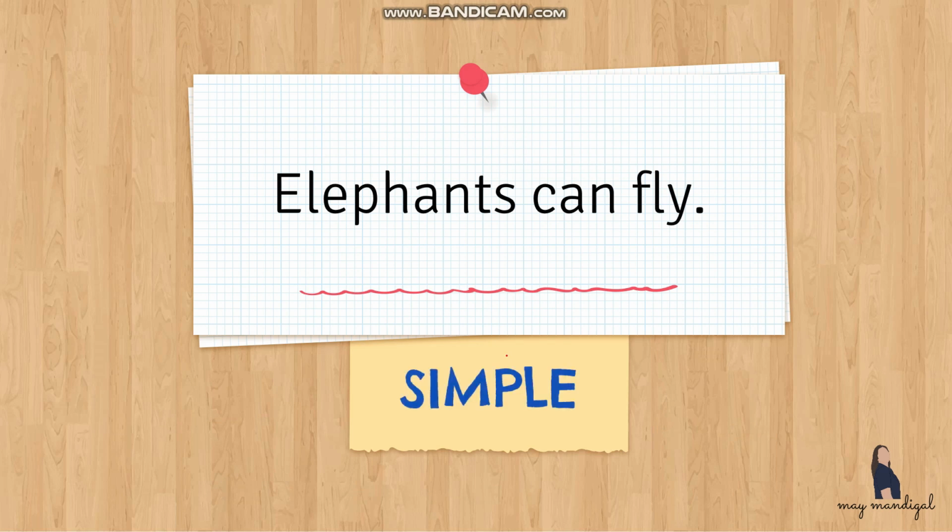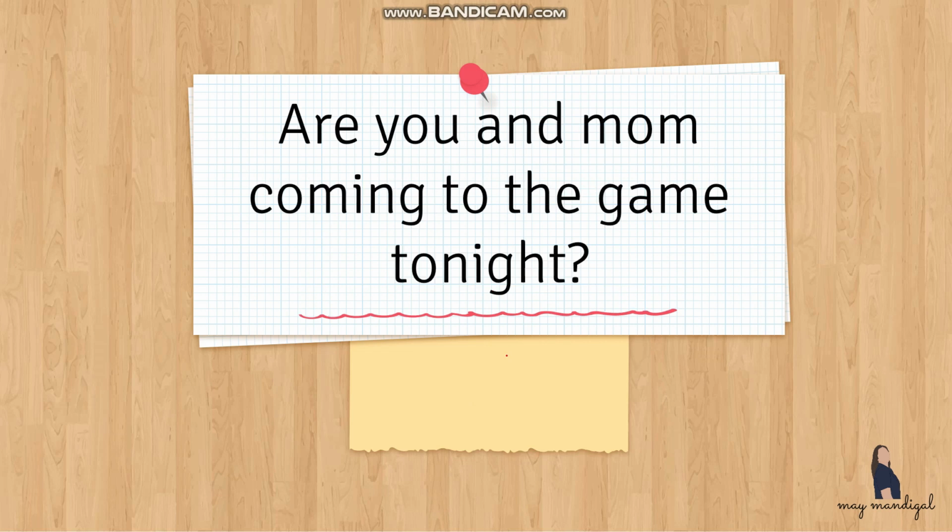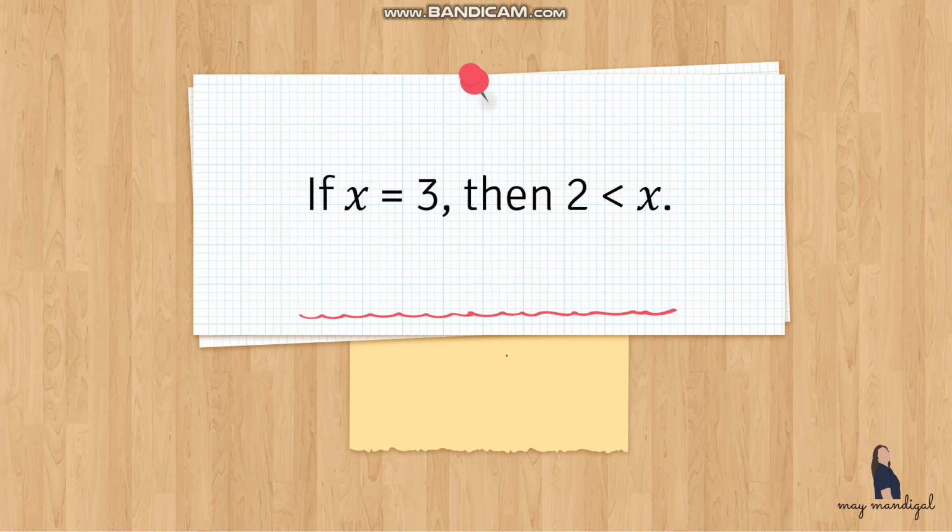So we can say that this is a proposition, and since there's no connective used, then it is a simple proposition. Are you and Mom coming to the game tonight? Looking at the structure of the given sentence, this is in question form, so automatically we can say that this is not a proposition. Based on the definition of proposition, it should be a declarative sentence. So again, this is not a proposition.